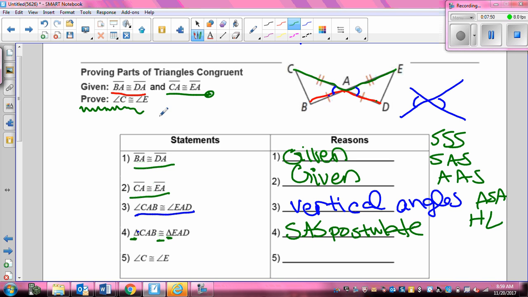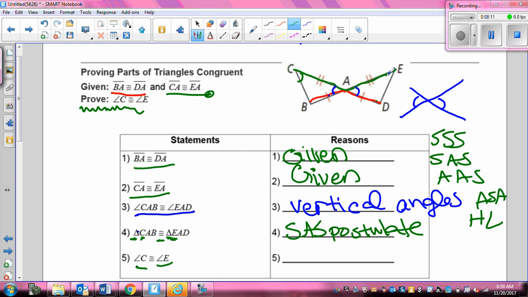After I've proven that my triangles are congruent, I can prove that anything in those triangles, the corresponding angles or corresponding sides, are congruent. So this one, they're saying angle C is the first one, and angle E is the first one. The first one is congruent to the first one. So C is congruent to E, and I can plug it in there.